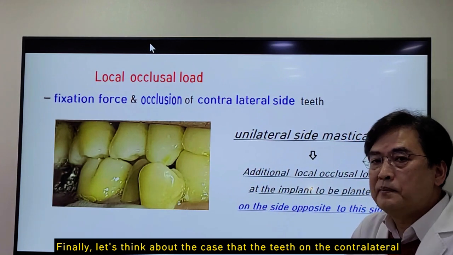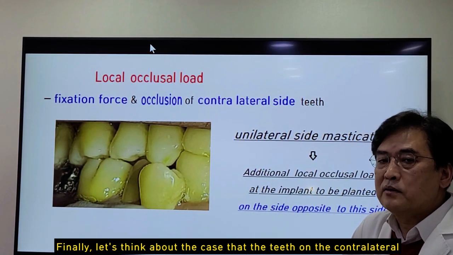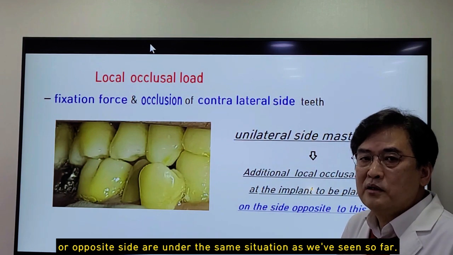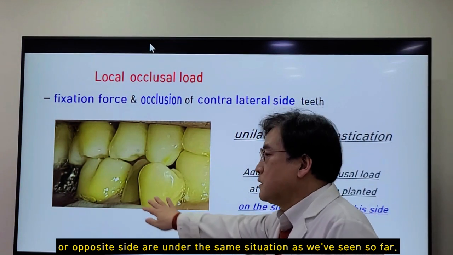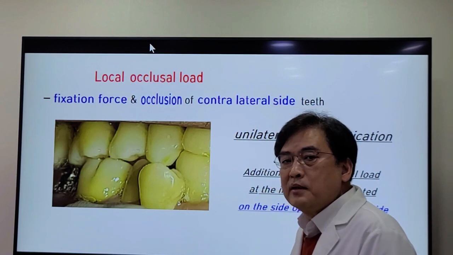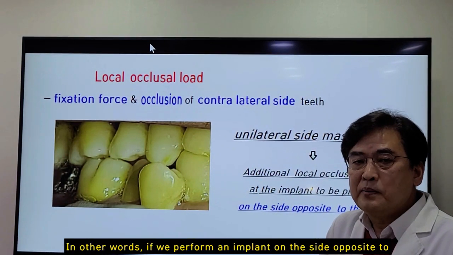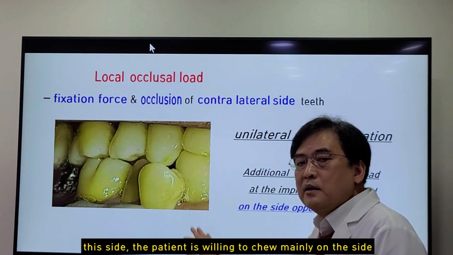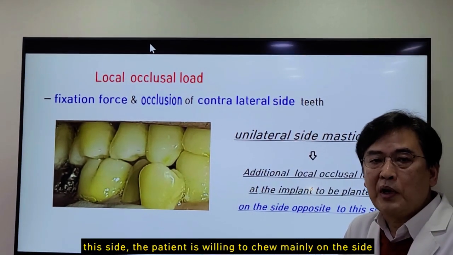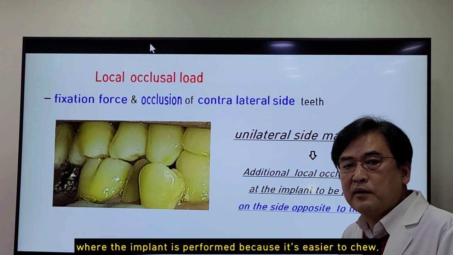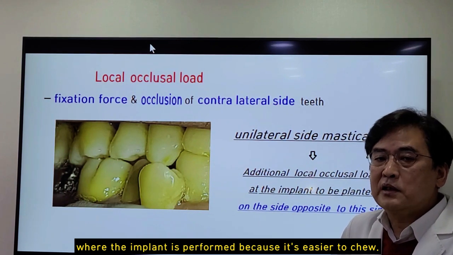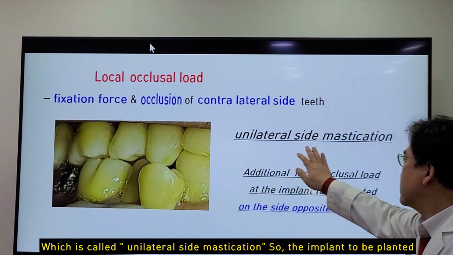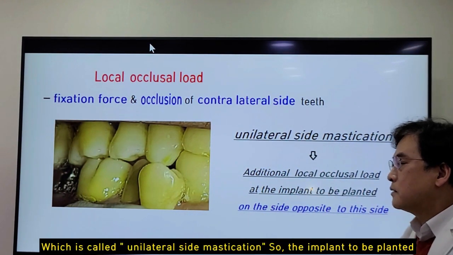Finally, let's think about the contralateral side. The teeth on the contralateral, or opposite, side are under the same situation as we've seen so far. In other words, if we perform an implant on one side, the patient is willing to chew mainly on the side where the implant is performed because it's easier to chew, which is called unilateral mastication.